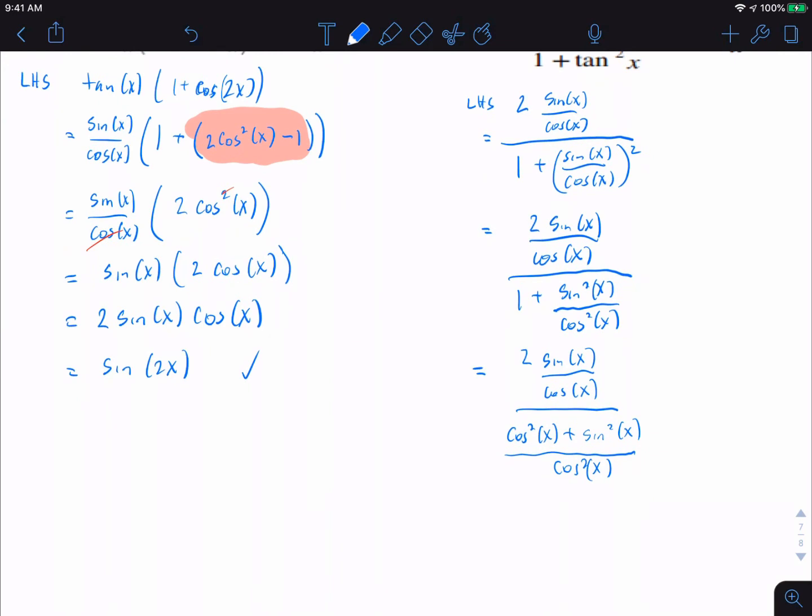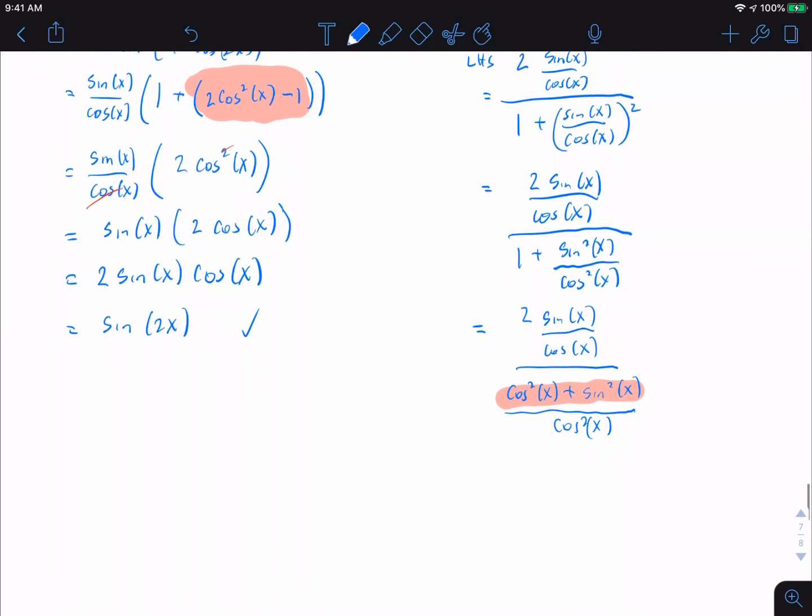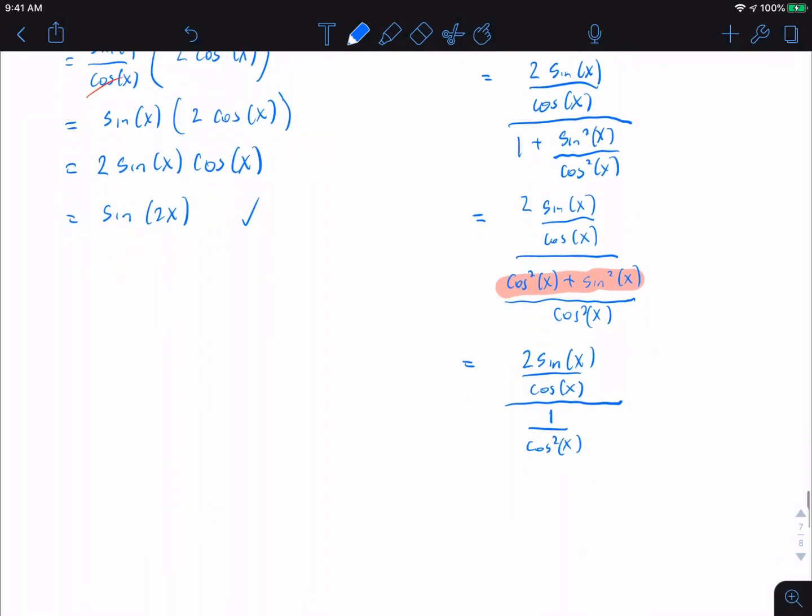Now, one of the things that's cool is cosine squared of x plus sine squared of x is 1. So I'm going to get 2 sine of x over cosine of x all over 1 over cosine squared of x. Now, when we divide by a fraction, we need to multiply by the reciprocal, correct?